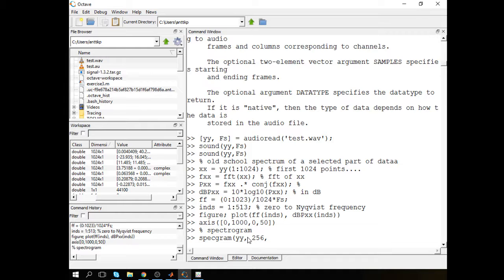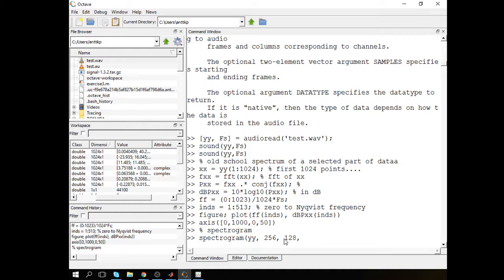The next parameter is actually the window. In your case, you have different places for the parameters. In your case, you will write spectrogram, then the next would be the overlap, right?